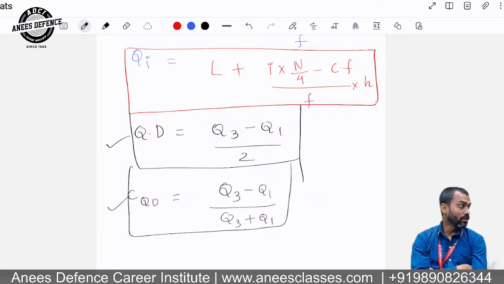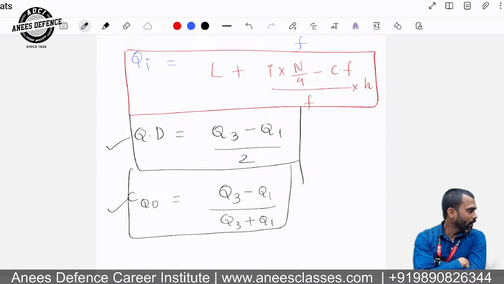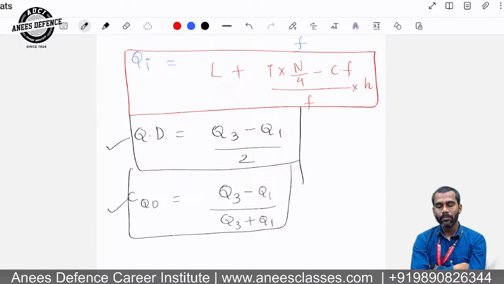Q2 we have already found out, that was the median, and I suppose we got 25. What is the coefficient of quartile deviation? Q3 minus Q1 over Q3 plus Q1. What is the formula for quartile deviation? Q3 minus Q1 upon 2.